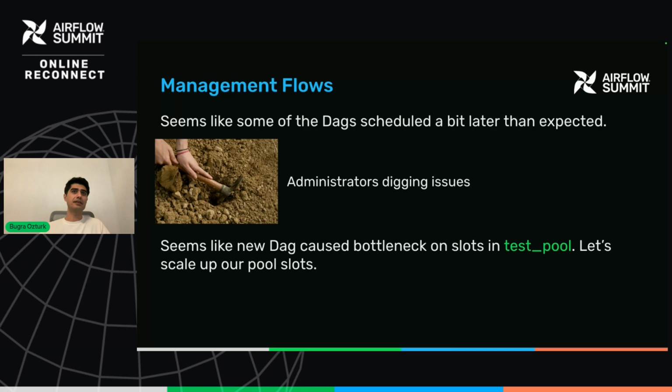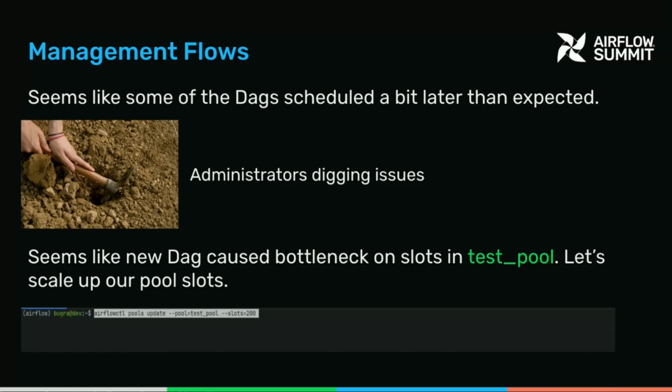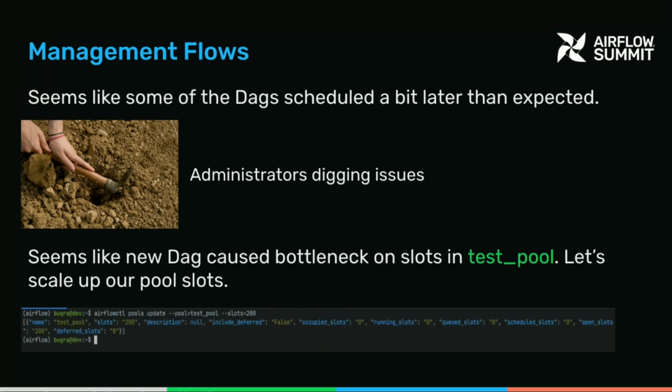The reason is we have a bottleneck in one of our pools, and we need to scale up its slots. With Airflow CTL, it's as simple as pools update, and we are updating the slots, let's say from 50 to 200, allowing the scheduled or queued DAGs to run faster.